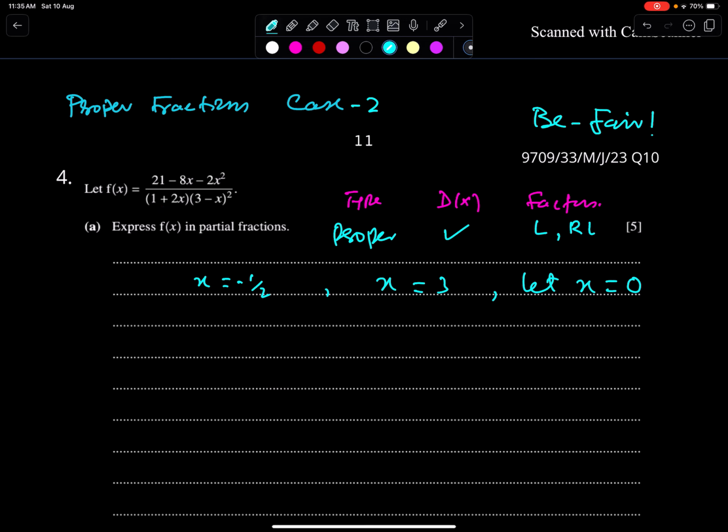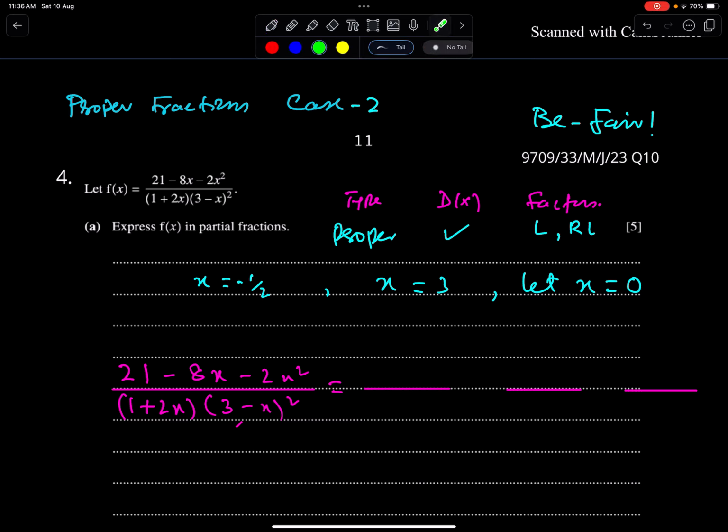So let's understand how to split this fraction into partial fractions. First copy this fraction. Now make three fractions. Why? Because we make two fractions for the repeated linear factor, as we write the repeated linear factor twice, once with power 1 and once with power 2.